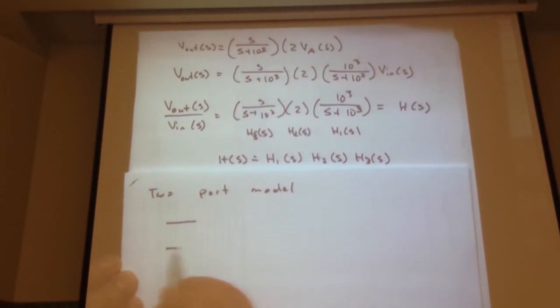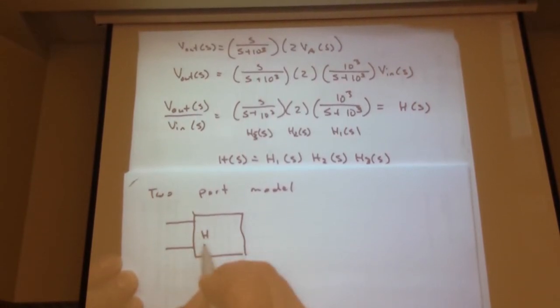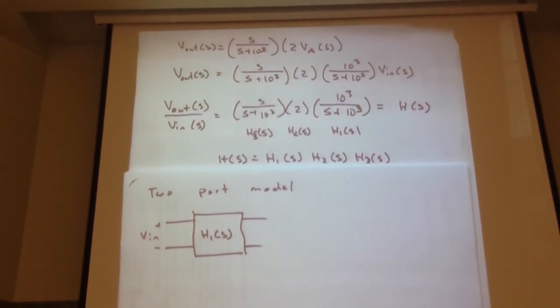Two-port model is essentially just kind of a black box. We have some H1 of S, whatever that circuit is. The in, plus minus. And again, these are oscillating. That's not a DC source. Just draw the plus minus for a reference. And we have the A, plus minus.